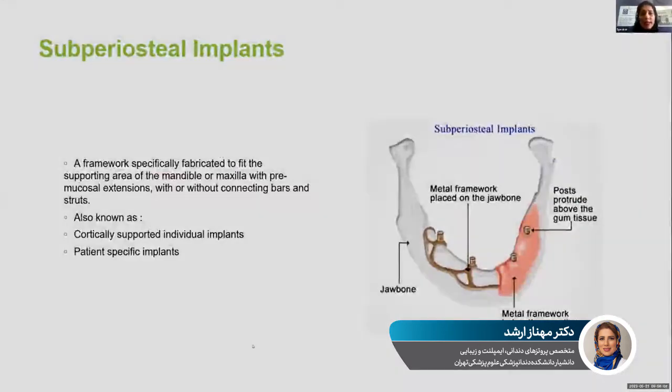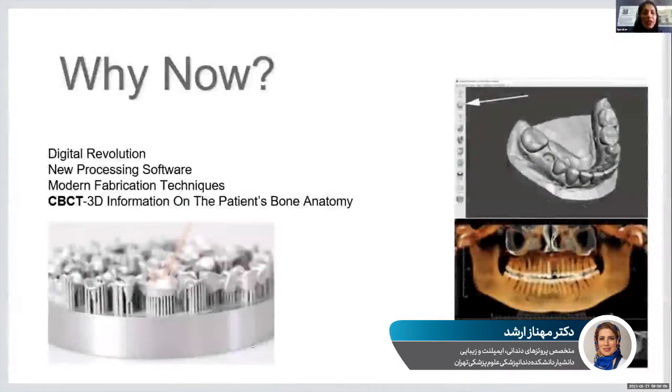But nowadays we have another method: the digital revolution, 3D printing, SLM and CAD/CAM. We use new processing software, for example Materialise, and we have a CT or CBCT 3D, so we can have an exact subperiosteal implant from titanium alloy grade 23.